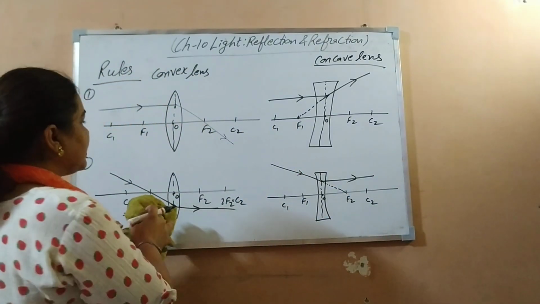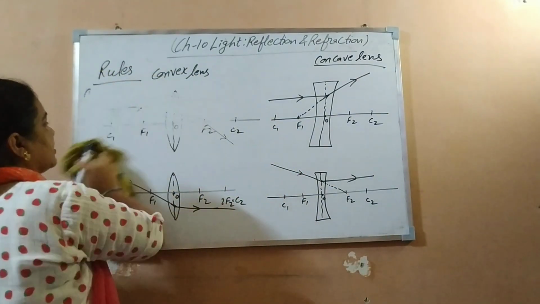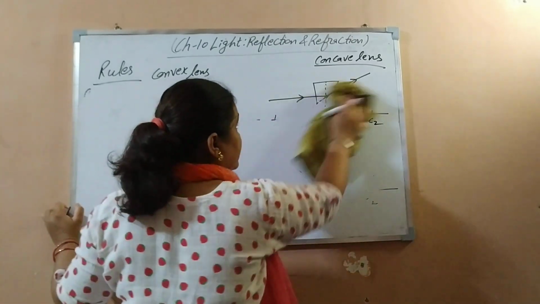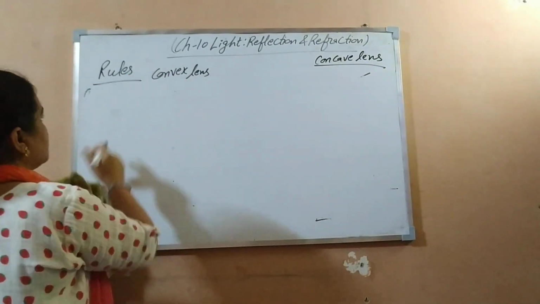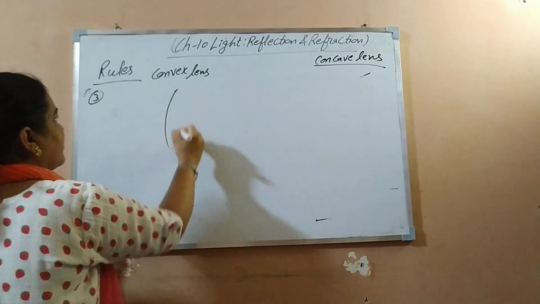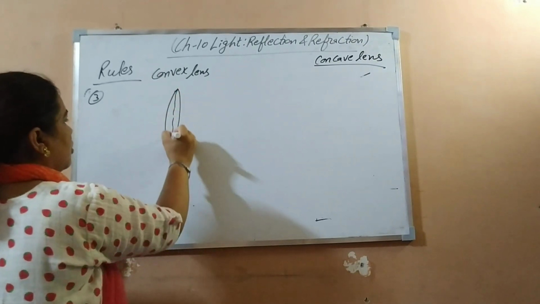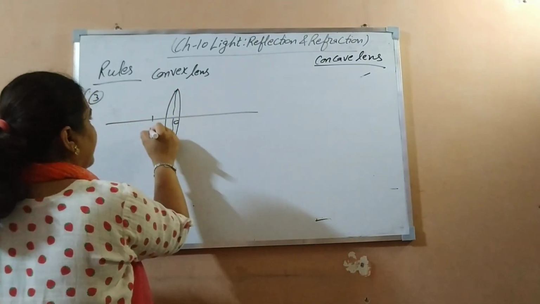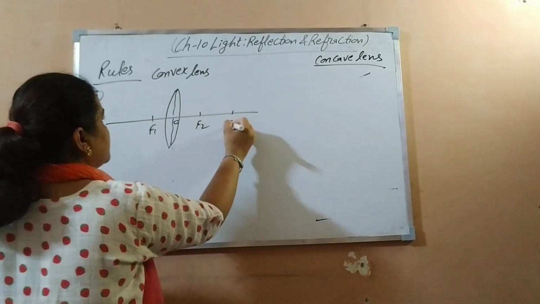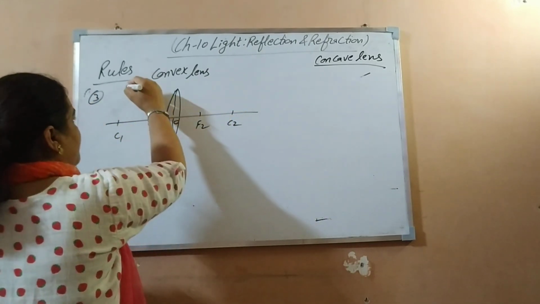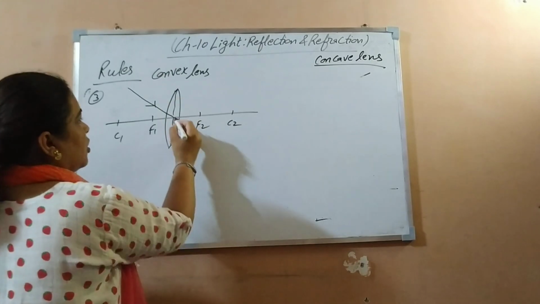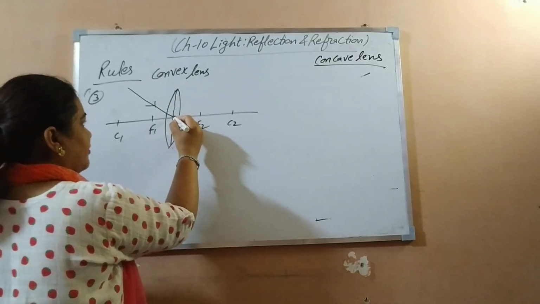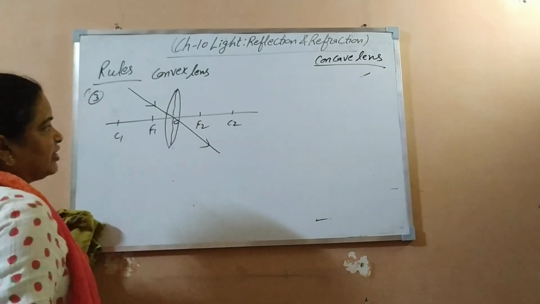And what is the third rule? If a ray passes through the optical center, F1, F2, C2, C1, till here it is incident, it passes through the optical center and goes straight without any deviation.